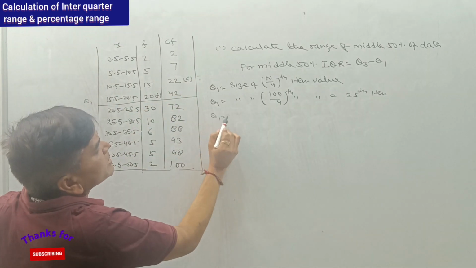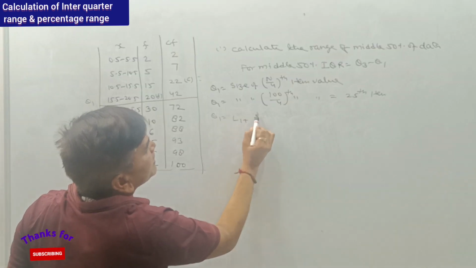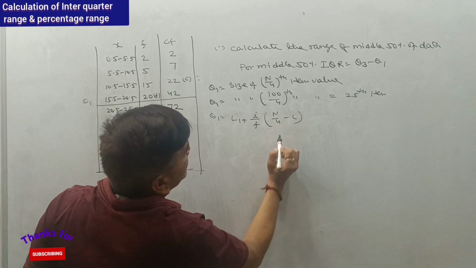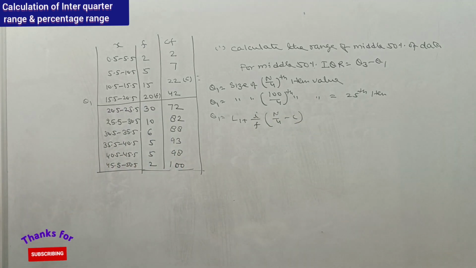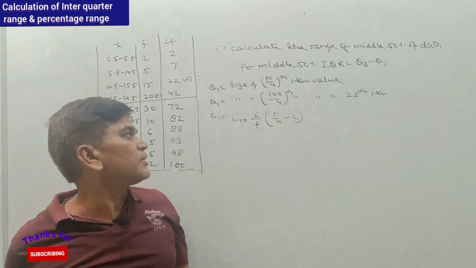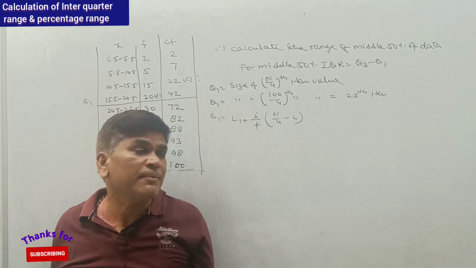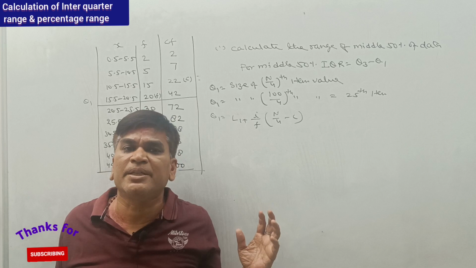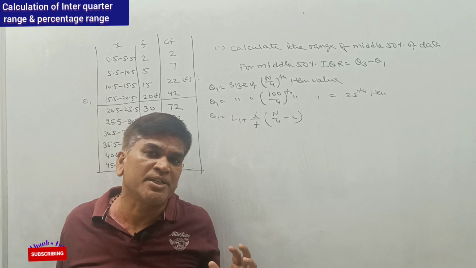So Q1 is equal to L1 plus I upon F times N by 4 minus C. For the exact location of Q1 we apply this formula. Already we have gone through this formula in the calculation of partition values.